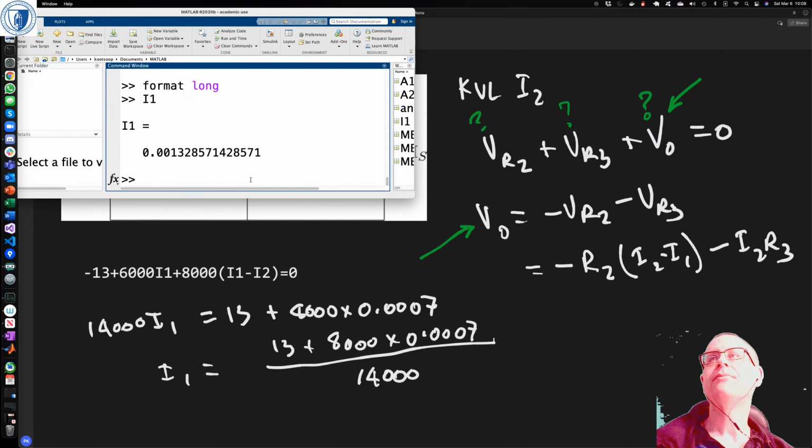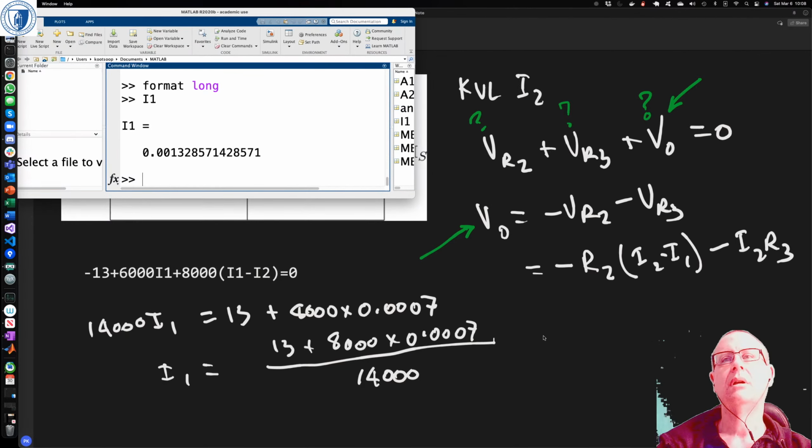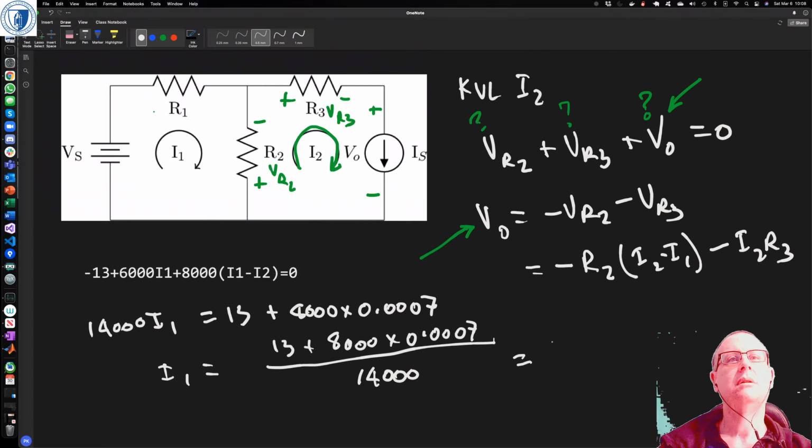Yeah, that's better. Okay, so now I can just write out, was that 1.329 to 4 significant figures. And that's milliamps.